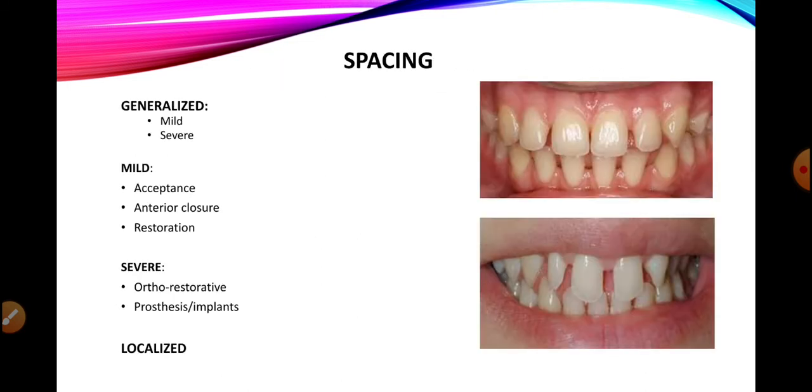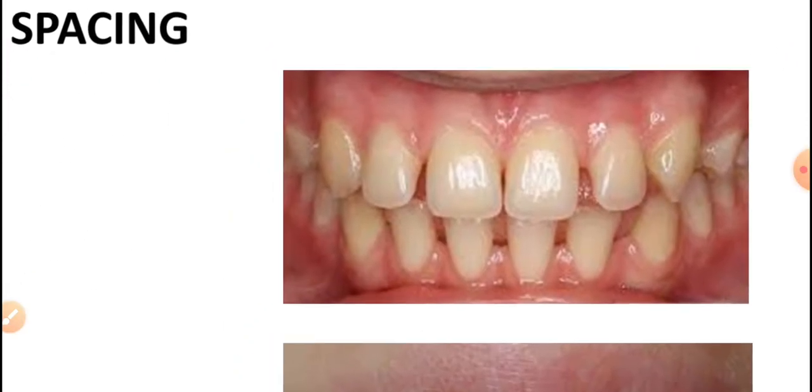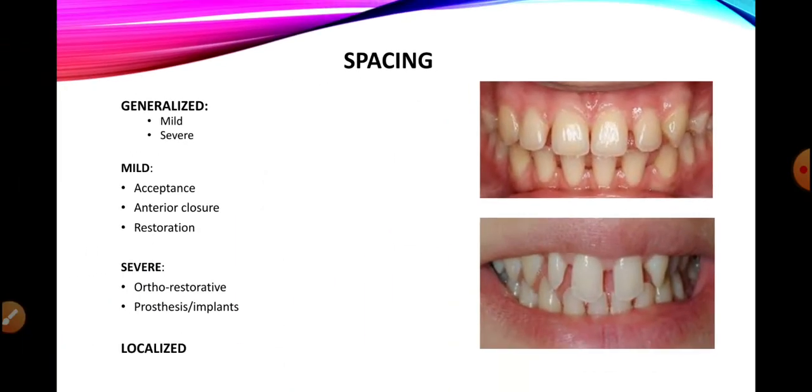Firstly, we'll be talking about spacing and its management. This is how spacing looks. There are no contact areas established between the central or the lateral incisors. There's space here. The teeth are not coming together.